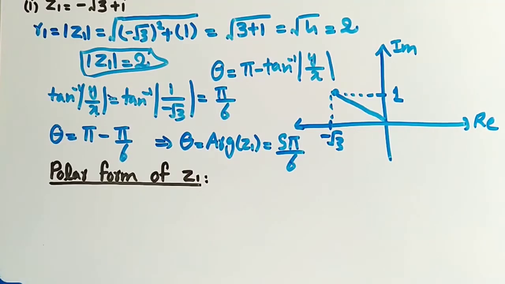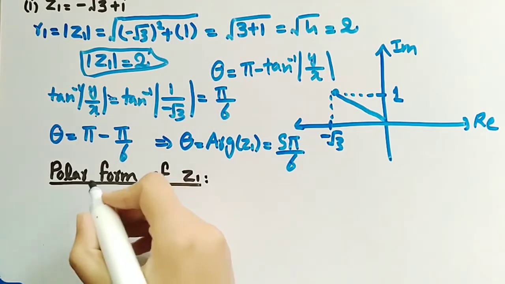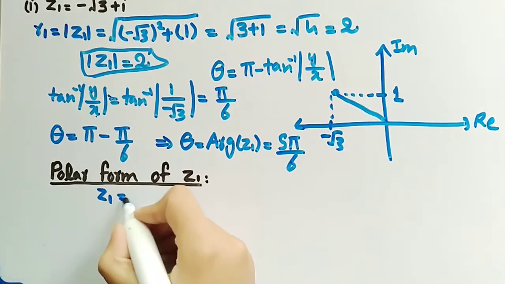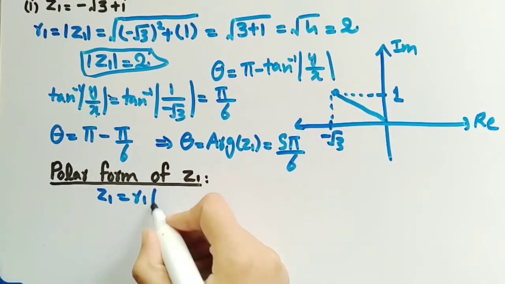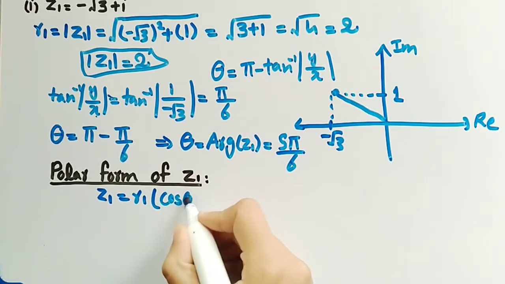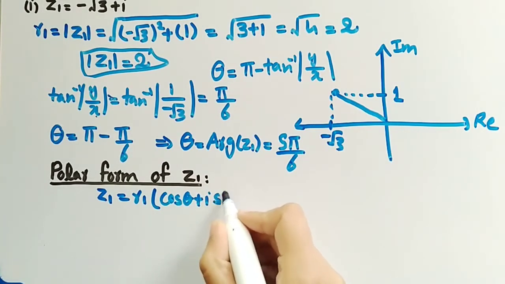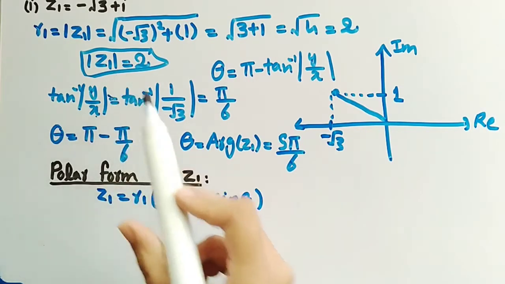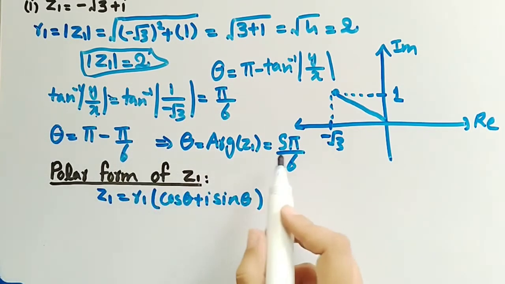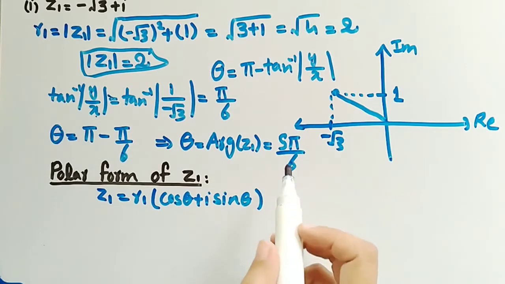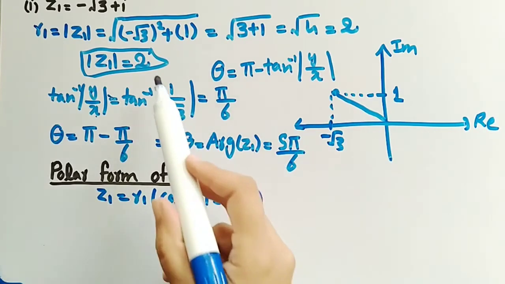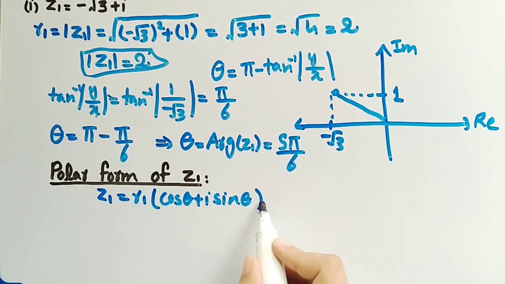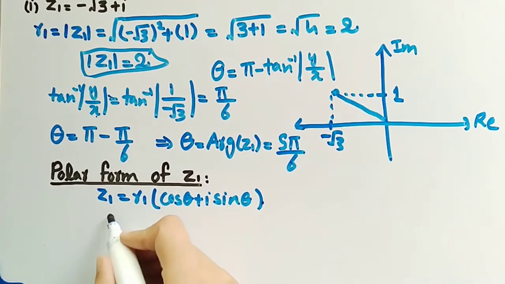Now we will find the polar form of z1 which is equal to r1 cos theta plus iota sin theta, where r1 is the modulus of z1 and theta is the principal argument of z1. So we will replace the values of modulus and principal argument in this equation and we will get the polar form of z1.